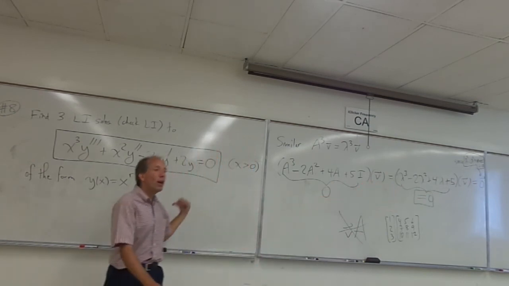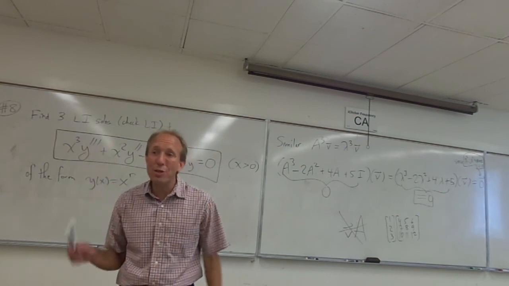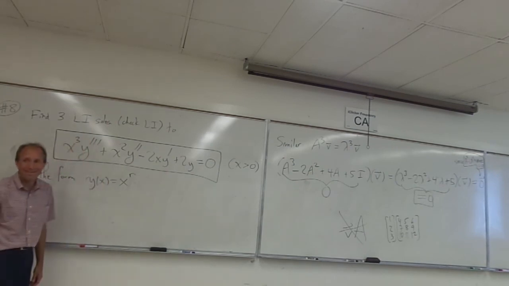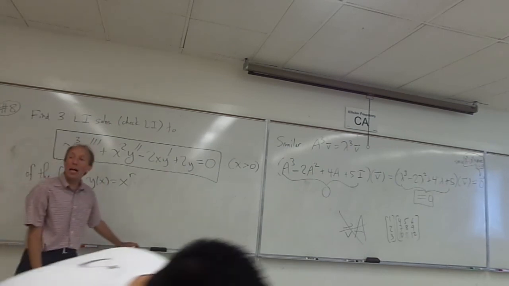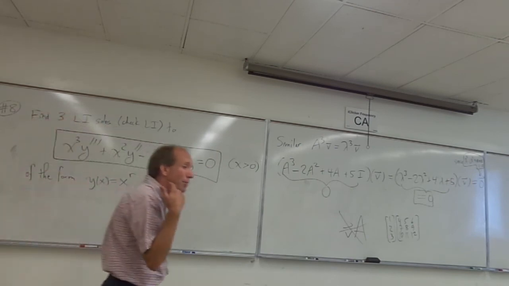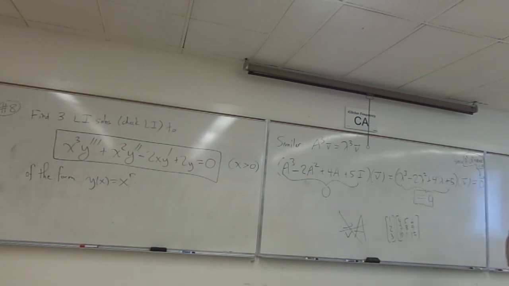We're not going to use e to the rx here. Why not? Because it's not going to work. For this type of differential equation, e to the rx doesn't work. Turns out what you have to do to make it work is use this one. But you're not supposed to know that because we didn't cover it, so I obviously wouldn't expect you to just know that x to the r is the right form. I have to give that to you.